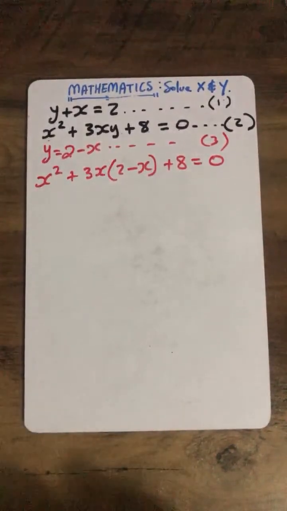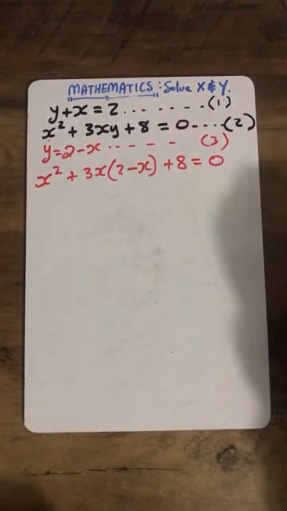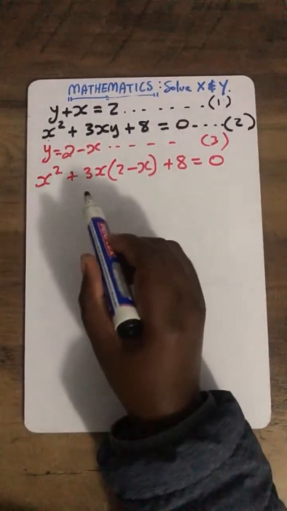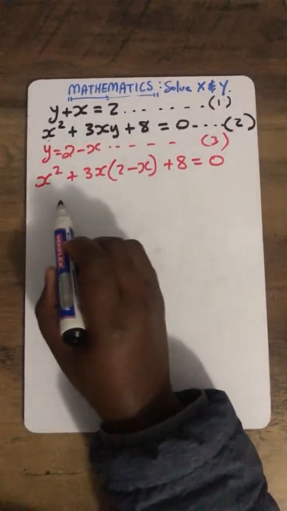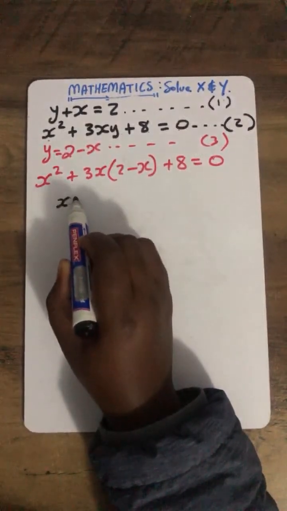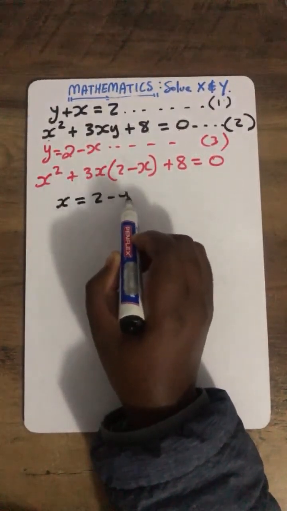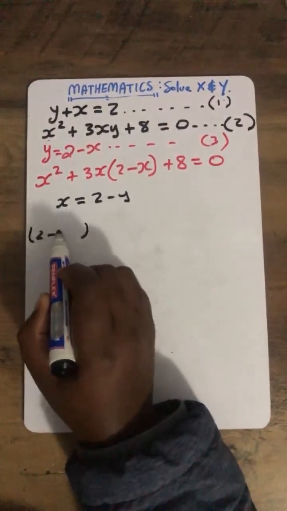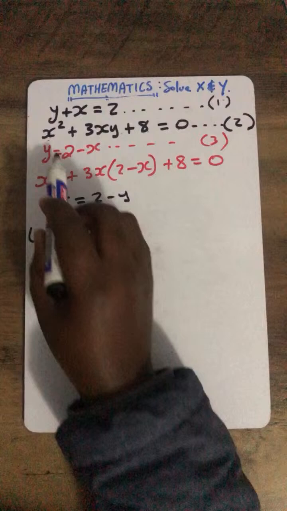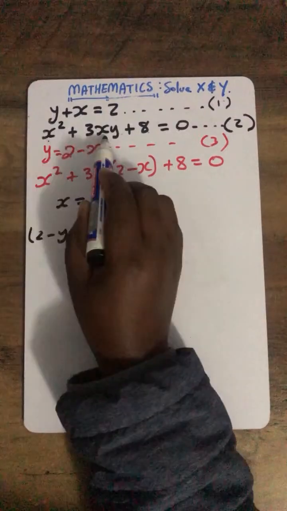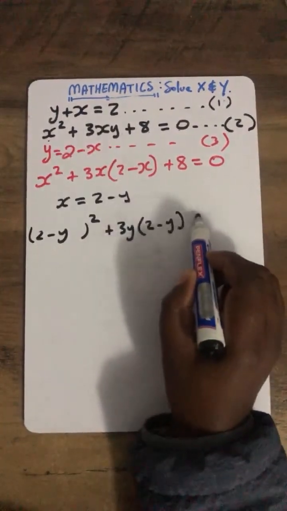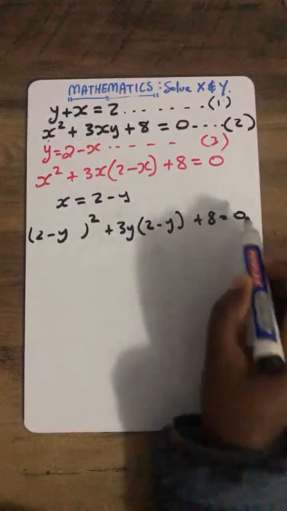But imagine if you made x the subject of the formula. So you're going to have x, which is equals to 2 minus y. So you are going to substitute it there, 2 minus y squared there. And again, still there. So that means you have your 3y into 2 minus y, and then plus 8 equals to 0.